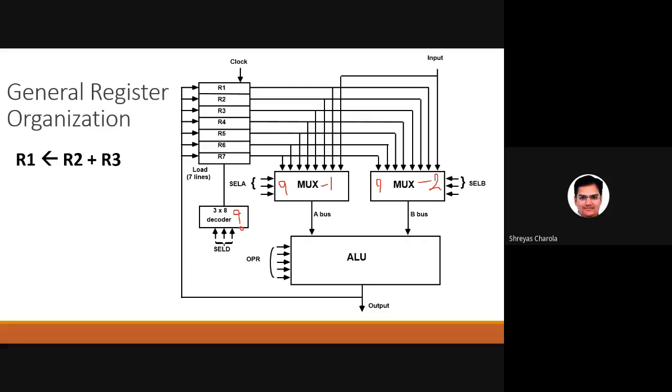Okay, R1 is selected through the decoder. Good, yes. Sanjay wrote the answer and Parth wrote the answer. Parth will discuss the answer.